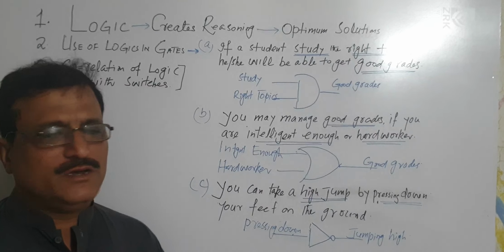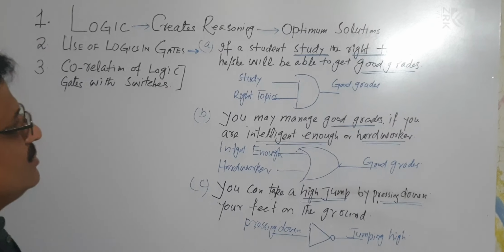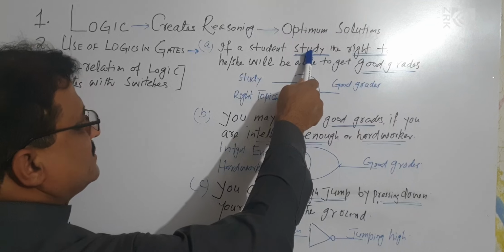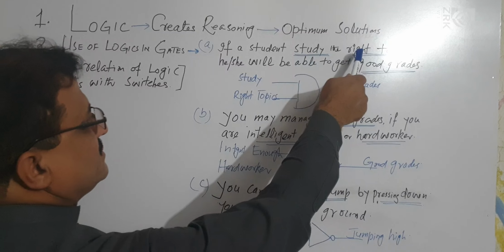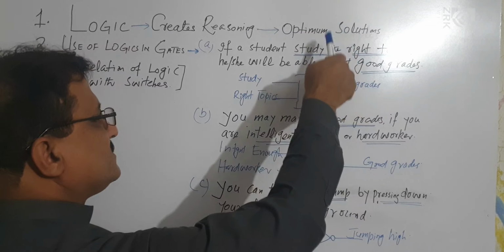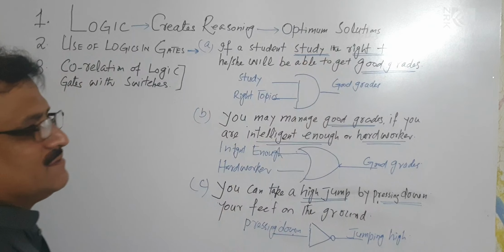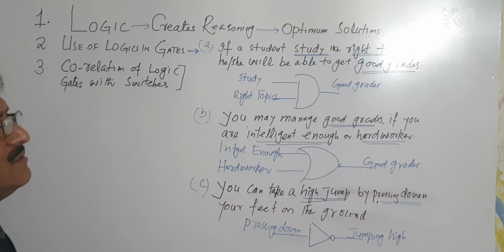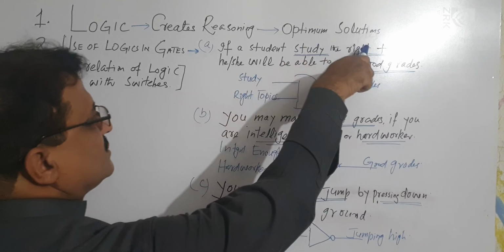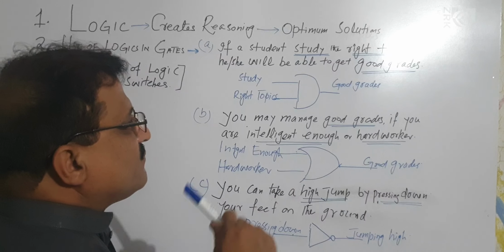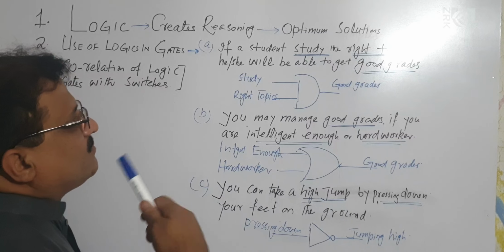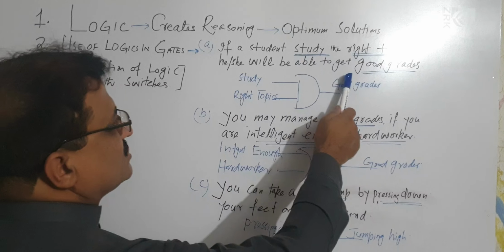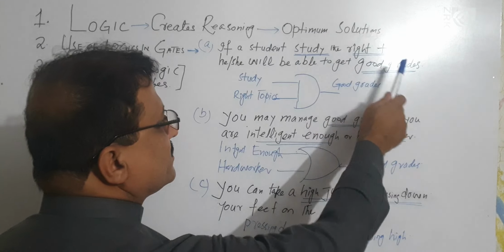In this statement, we have some logic: if a student studies, this is one reason, and the second reason is that he or she is studying the right topics. Actually the right topics is also a reason. Then if these two reasons are fulfilled, what will be the outcome? What will be the optimum result, the optimum solution of this problem? The optimum solution or result of this problem will be good grades.